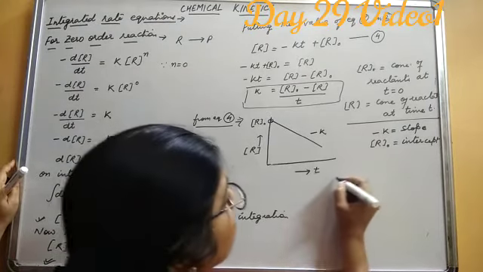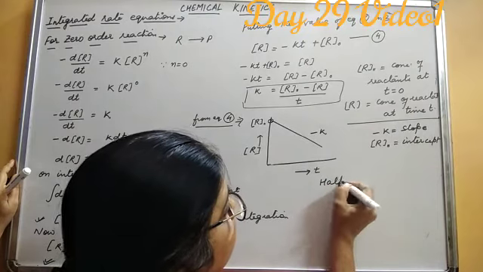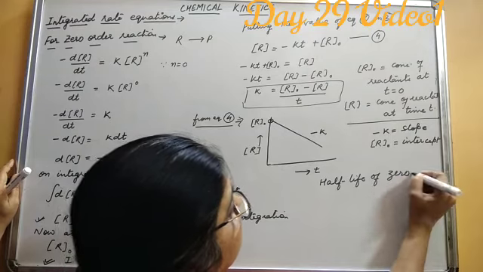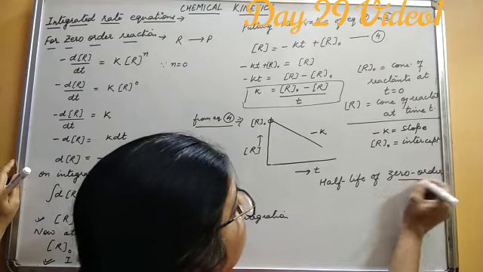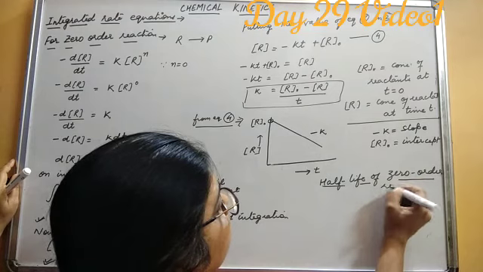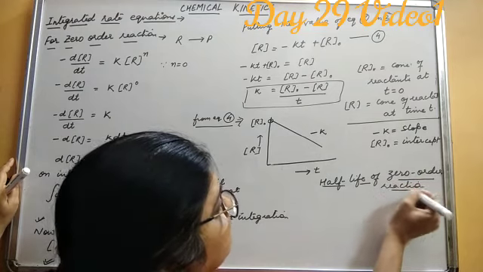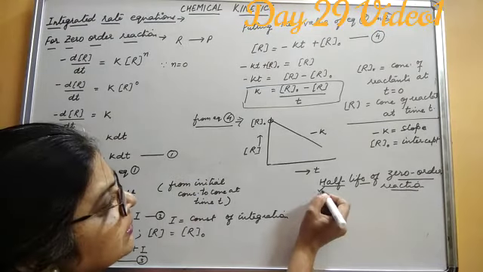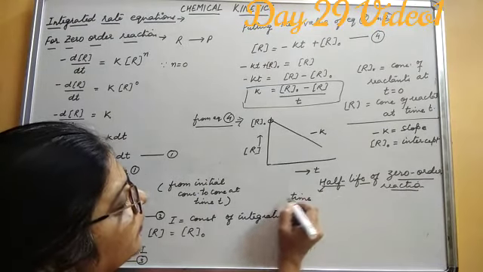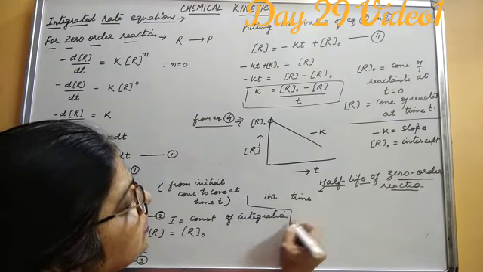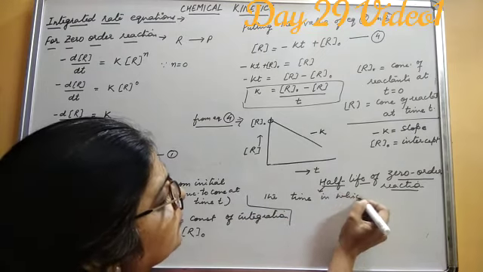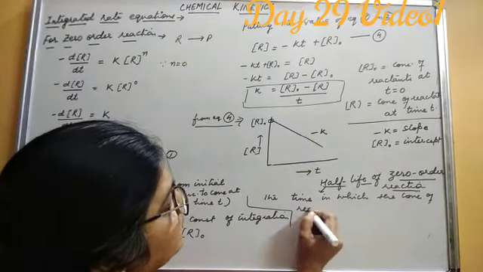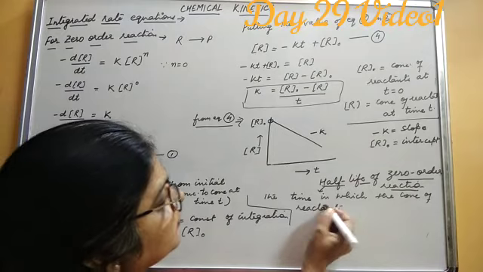Now, half-life of zero order reaction. What is meant by half-life? Half-life is the time in which the concentration of the reactants remains half of its initial concentration.